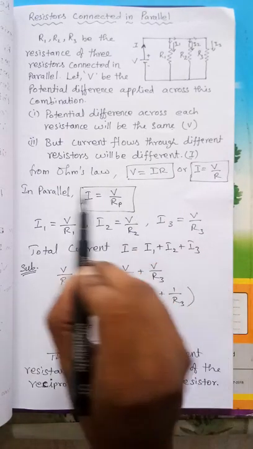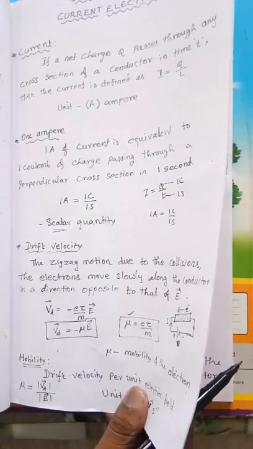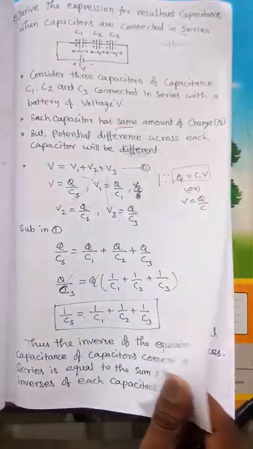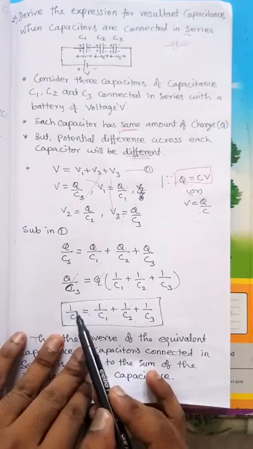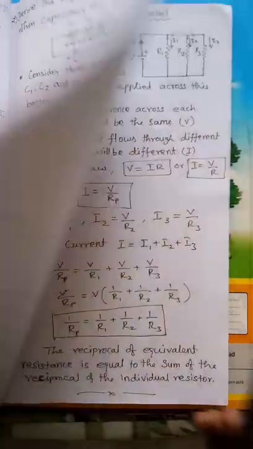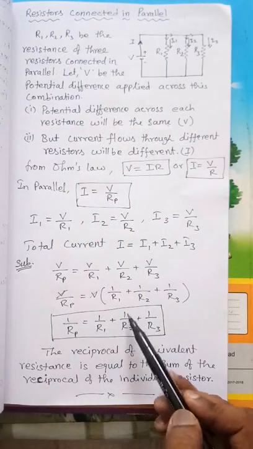This is resistors in parallel. Before this we had the topic capacitors in series and capacitors in parallel. Capacitors in series means 1 by Cs equals 1 by C1 plus 1 by C2 plus 1 by C3. For resistors, parallel gives 1 by Rp equals 1 by R1 plus 1 by R2.